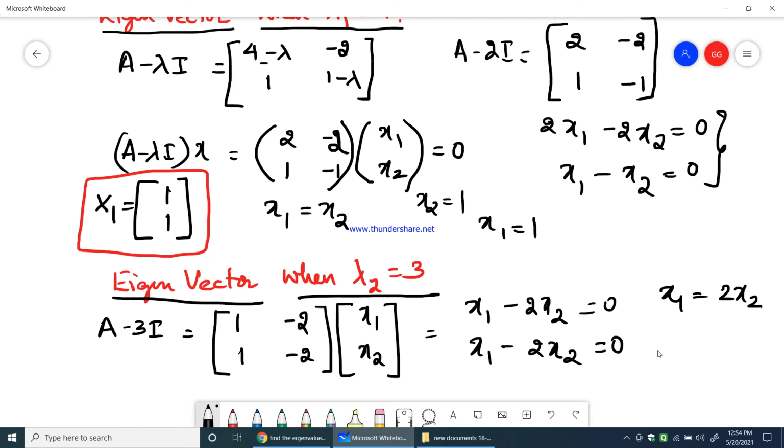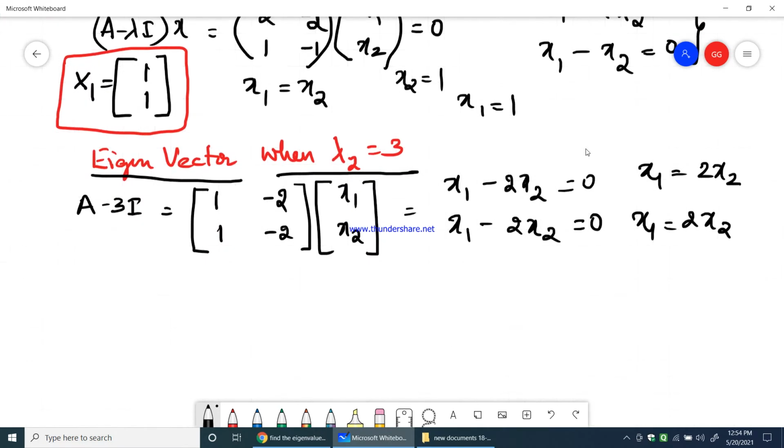In this equation also x1 equals 2x2. Therefore, when x2 equals 1, then x1 is equal to 2. So these are the values we have got, and we say x2 equals 2 and 1.